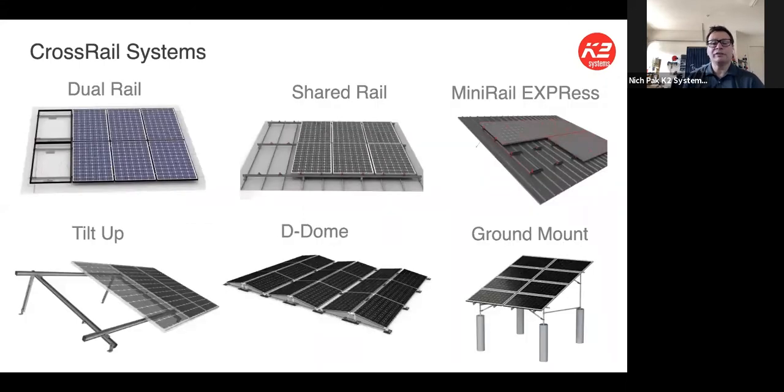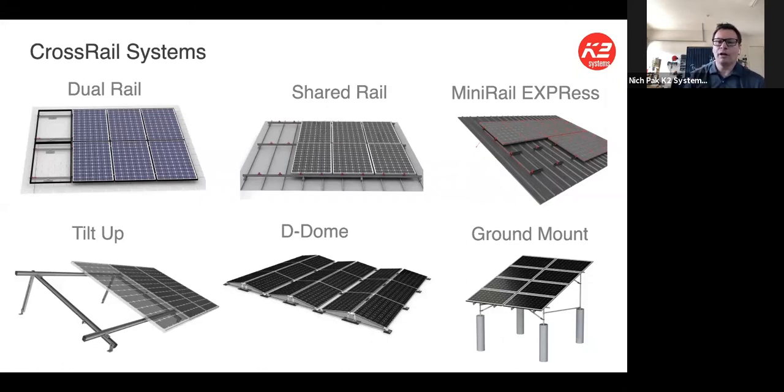So we built this system with a lot of versatility across the multiple different projects that you're going to encounter. We of course have our standard flush attached dual rail option, where you put 2 rails down and then fasten the module down flush attached to either a comp shingle roof or a tile roof.